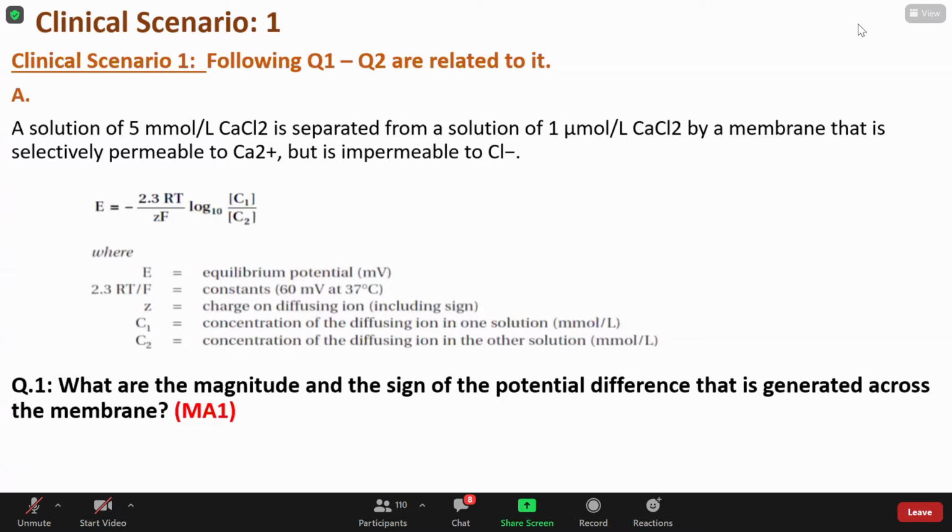May I request anyone from MA1 to answer? You can unmute yourself. Anyone? What's your name? This is MA1, this is male. So is there any female?